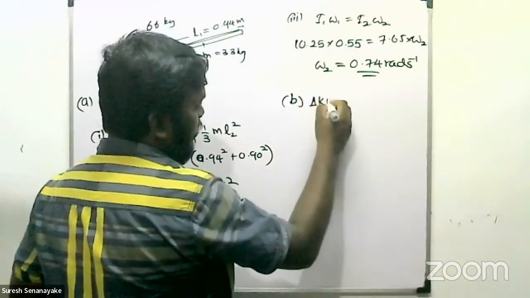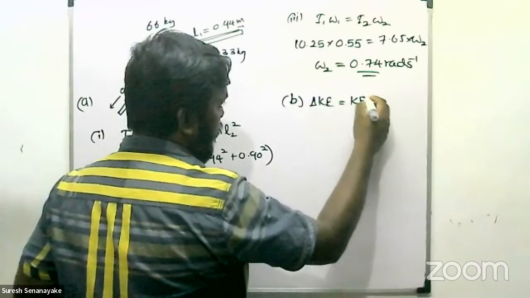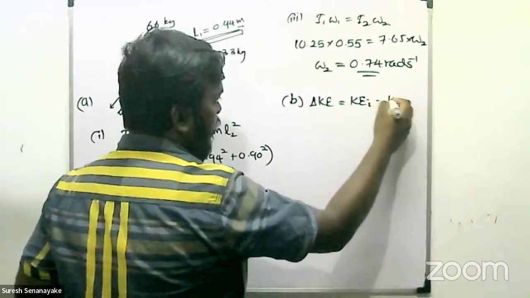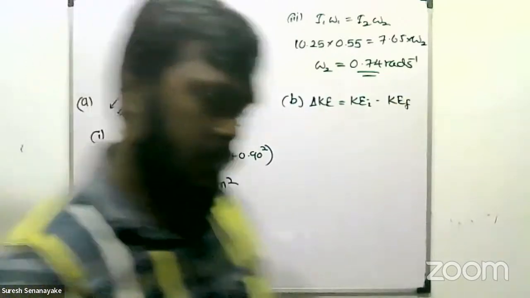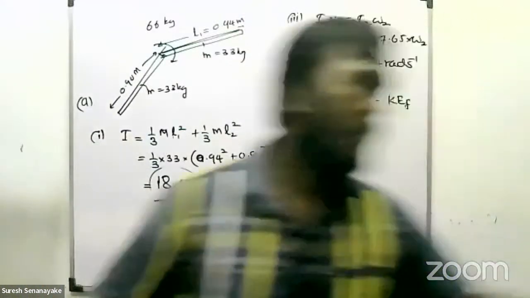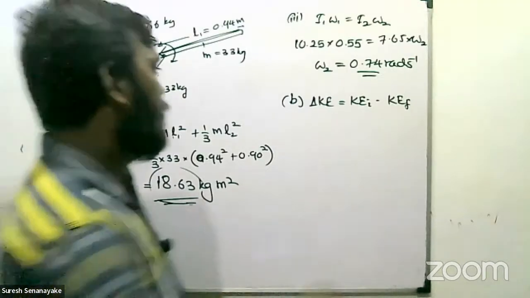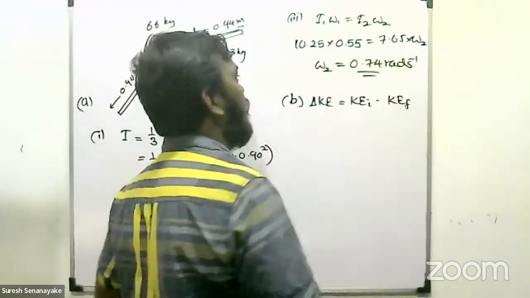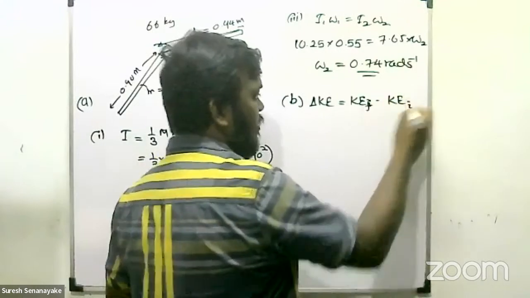Change in kinetic energy, that's the final kinetic energy minus the initial kinetic energy. You can write all the values now. Actually, this velocity increases and this is squared. Make it final minus initial because the final one increases.